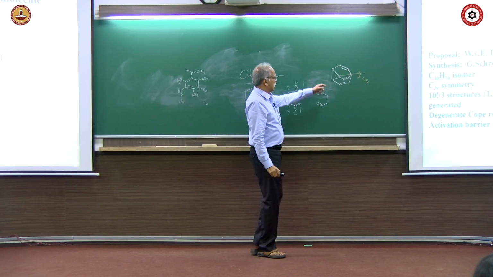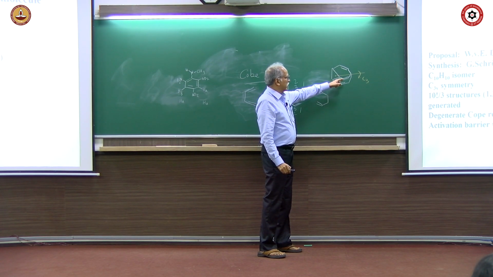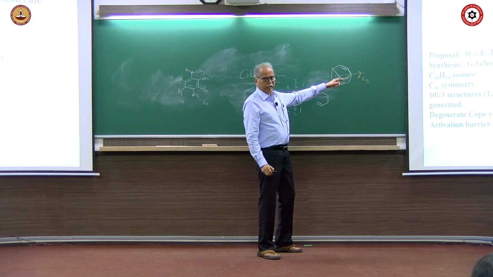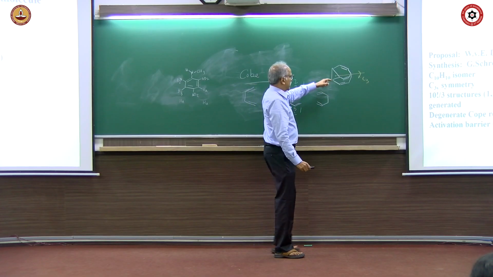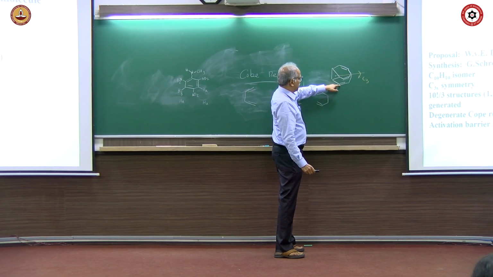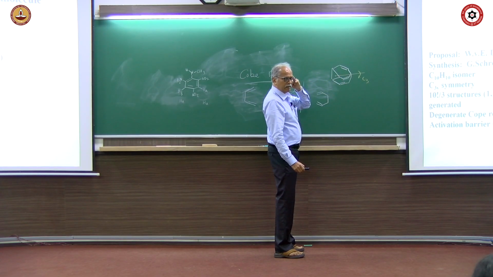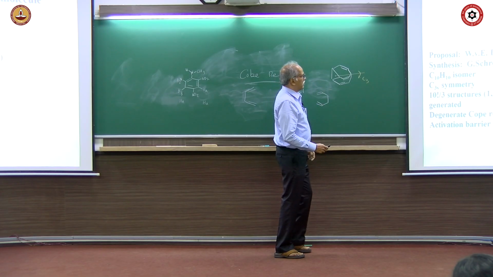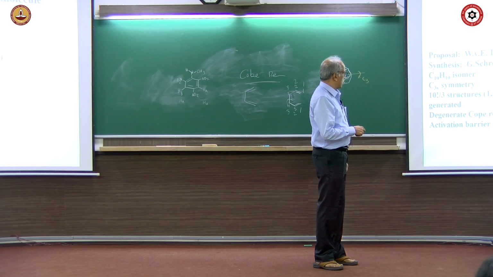The 3 vinyl groups are mutually exchangeable by the C3 operation. When I do a C3 operation, how many degrees am I supposed to rotate? 120, right? Rotate 120, this will come here, this will go here, and this will come here. Are you able to see it? C3 axis of rotation makes it a C3V symmetric molecule.